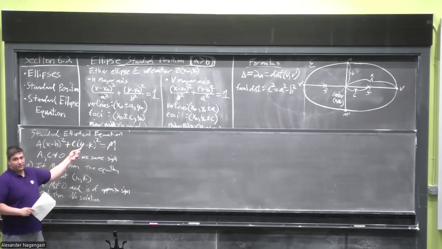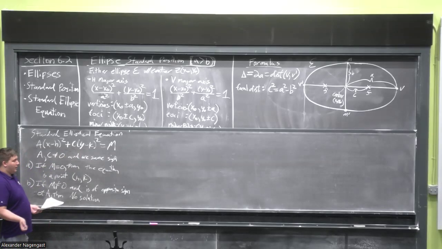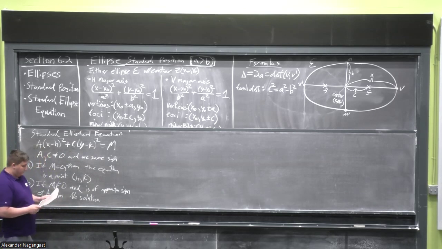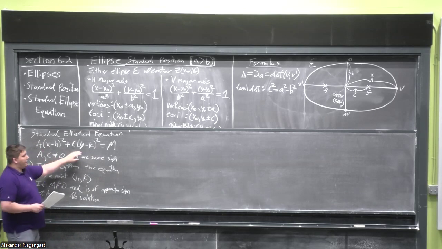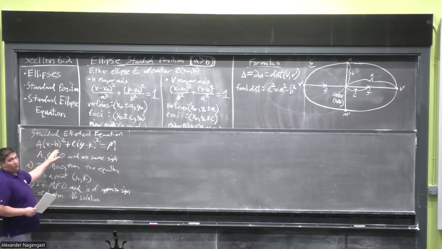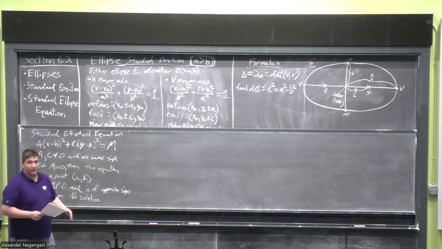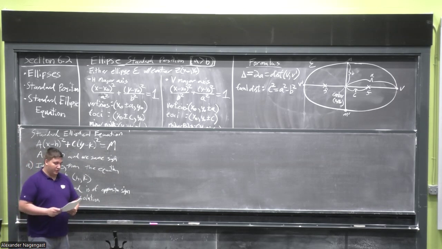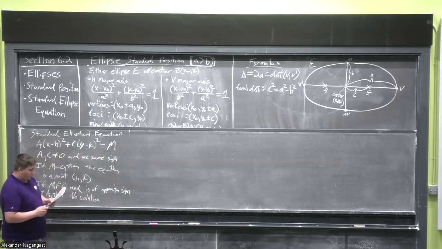Negative times negative, we're going to get a negative, and it makes no sense. So the only way that we can get an ellipse is when we have M, C, and A all being the same sign, meaning they all have to be positive or they all have to be negative for it to work.